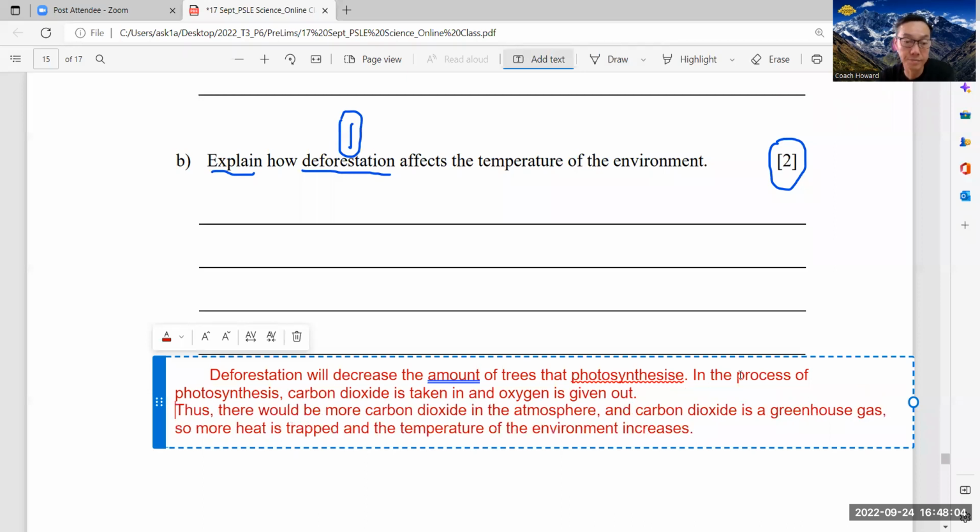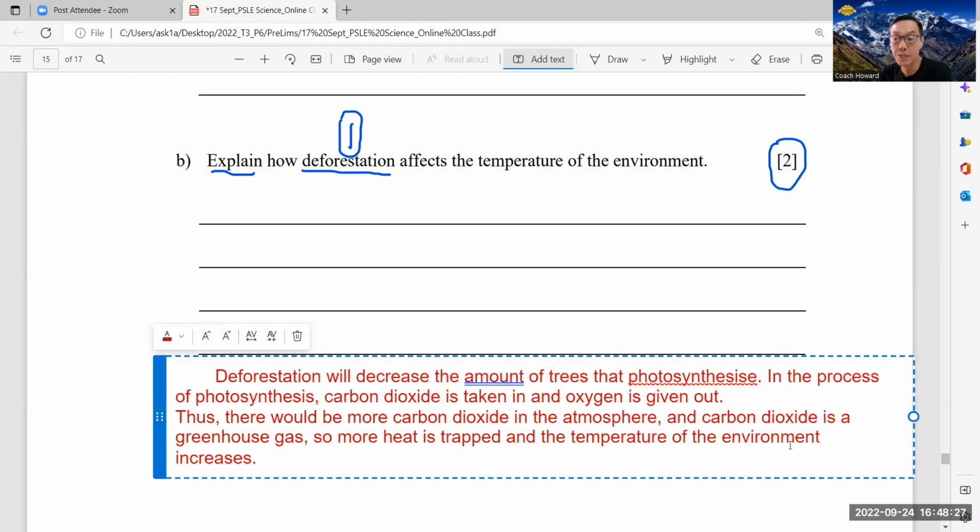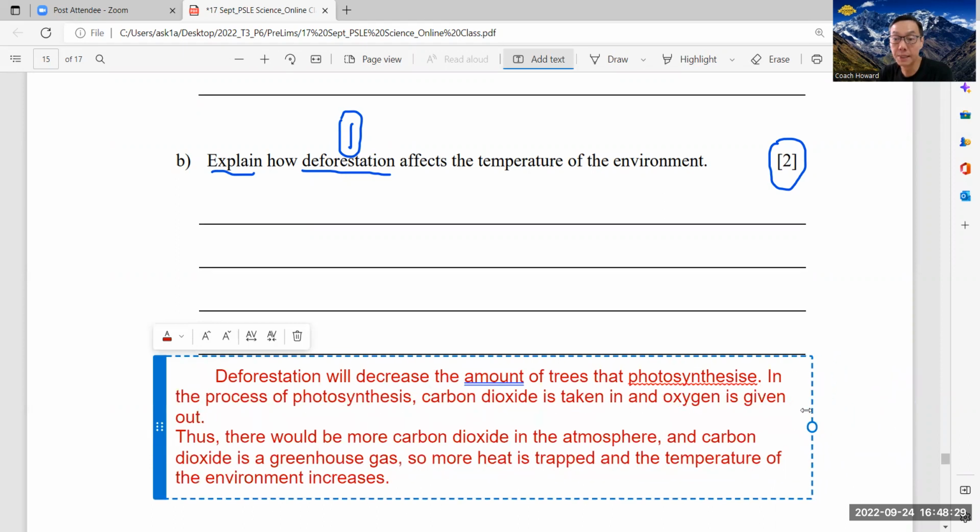Thus, there would be more carbon dioxide in the atmosphere, and carbon dioxide is a greenhouse gas. Greenhouse gas means it traps heat. Even if you don't use the words greenhouse gas, if you just mention carbon dioxide traps heat, it is fine, causing the temperature of the environment to increase. So this is the answer for this part.